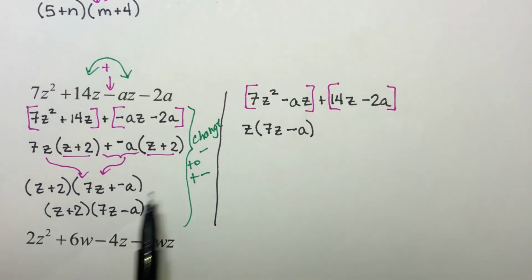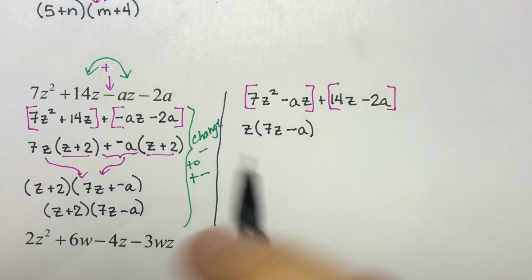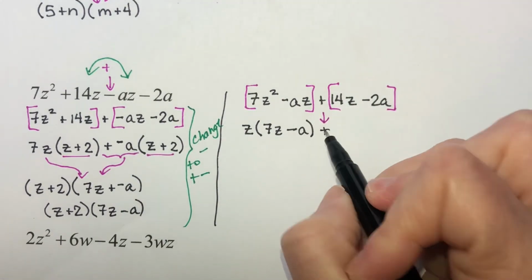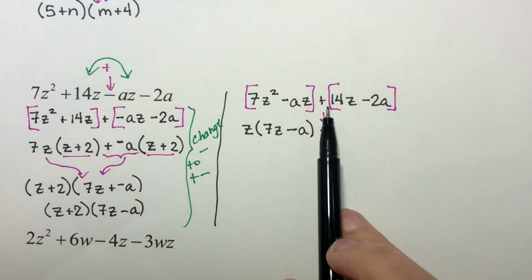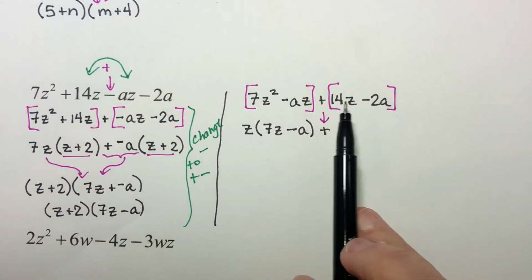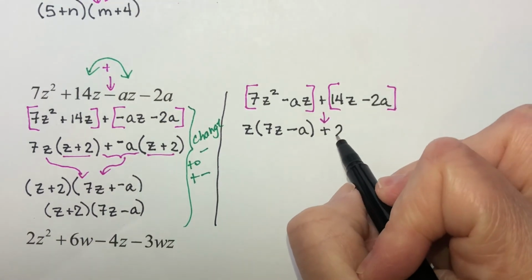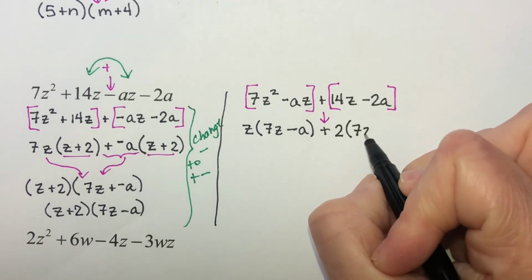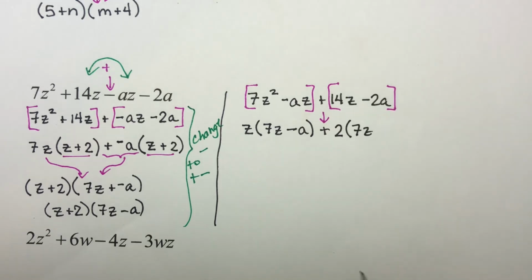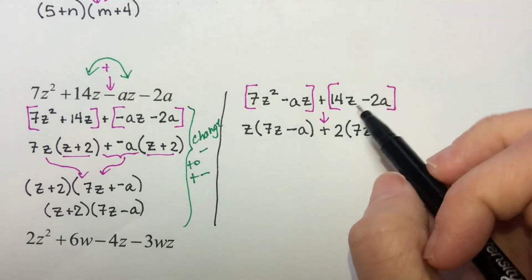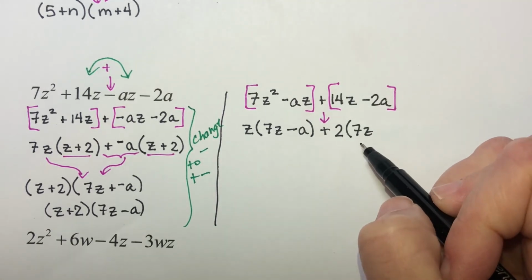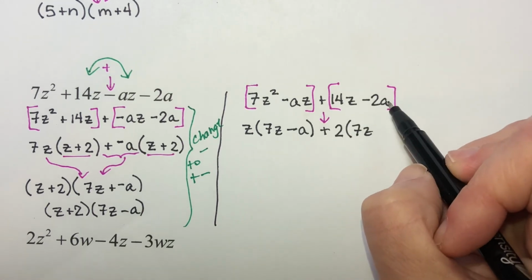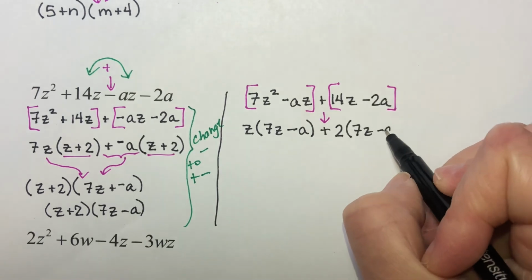I've got the same thing going on here. Plus, do not lose that plus sign. All right, look here. 14 and the 2, I can factor out a 2. 2 times 7z gives me back the 14z. And 2, if I factor out a 2 here, I get the minus a.